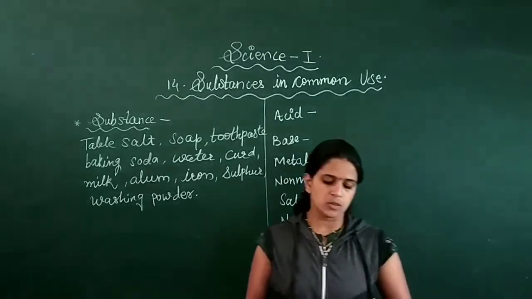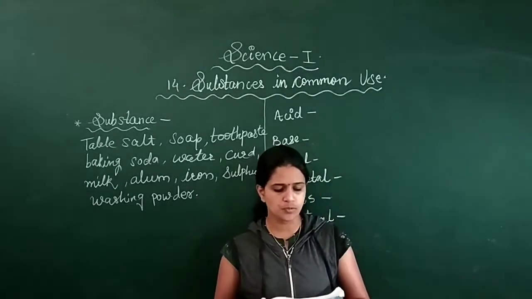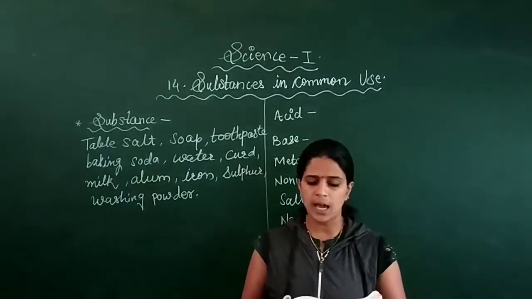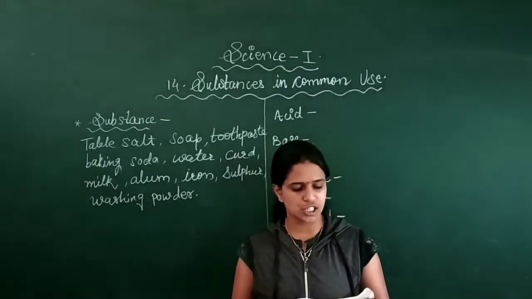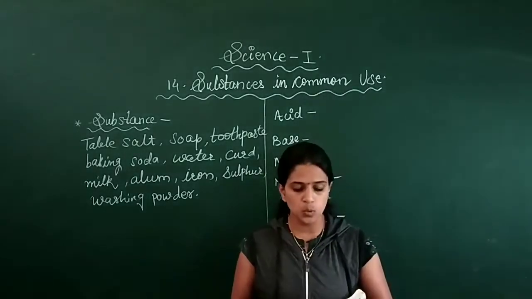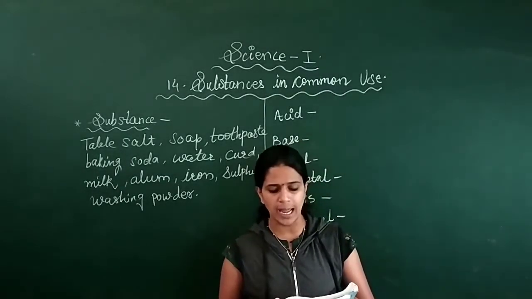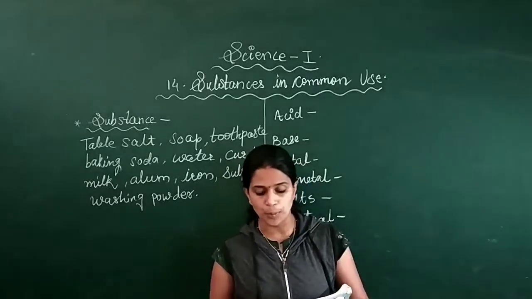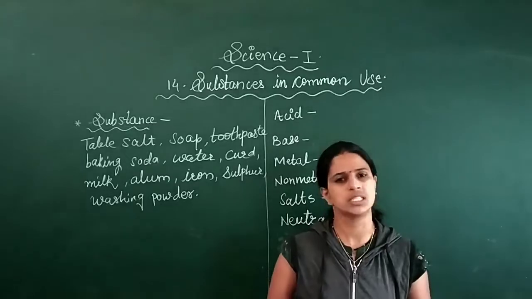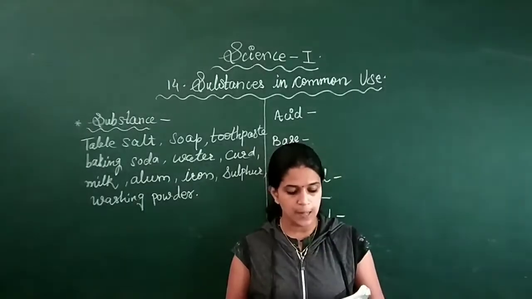So, now see the next point. We use various substances in day-to-day life. We have previously learned in some detail about a few of them, their uses, constituents, properties and methods of preparation too. These things we already discussed.